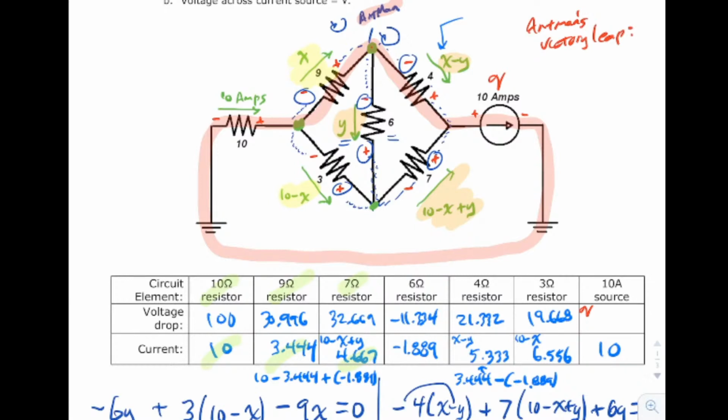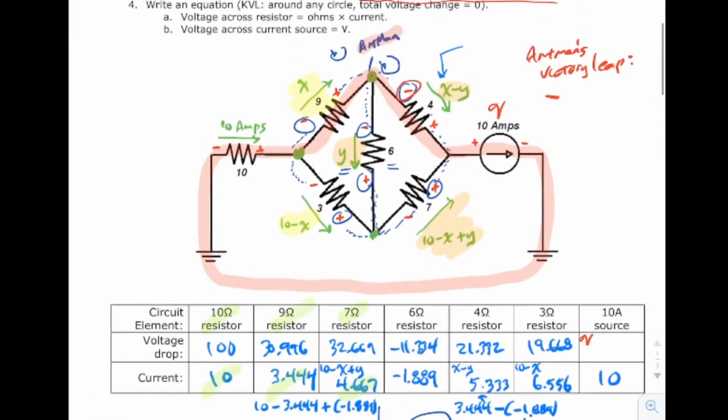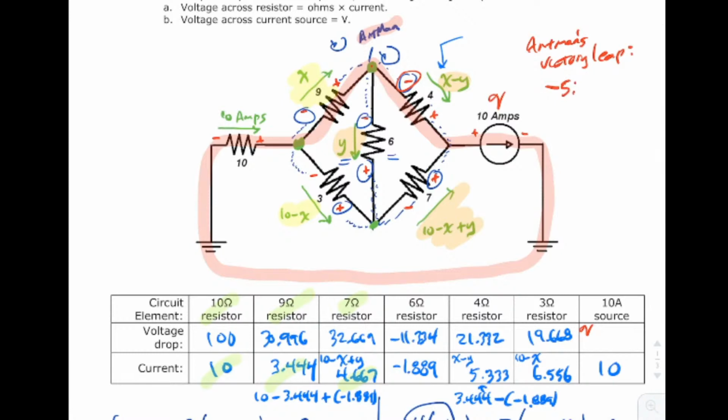Starting up here, the first thing he sees is a minus on the way in. Look up the voltage across the 4 ohm. The voltage across the 4 ohm is a 5.333. Okay, you just look up your voltages now. Then he comes around and he sees a plus on the way in, and it's the script V. And then he comes around some more, he's going through the ground, nothing here, and then minus, over here now, minus, and the voltage across the 10 amp, you can look it up right here, it's 100.